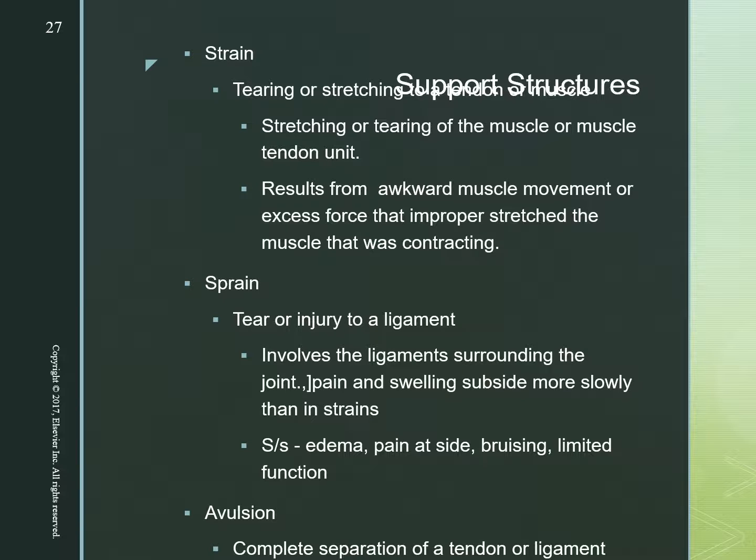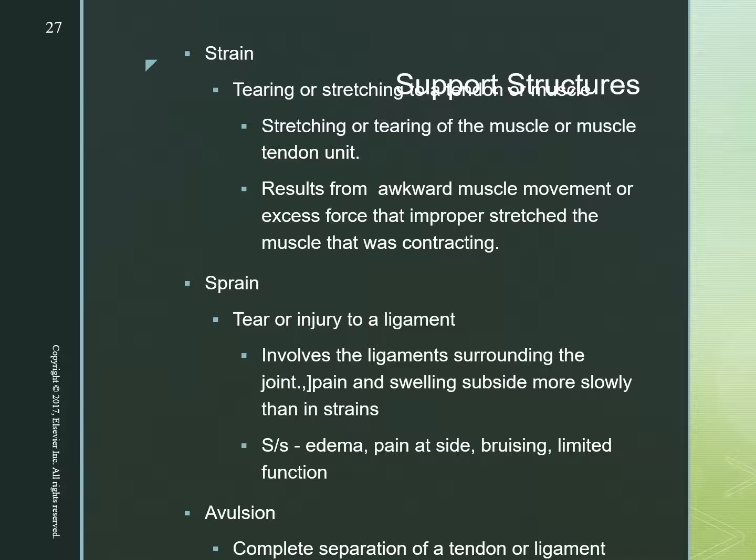So, support structures. A strain is tearing or stretching of the muscle structures. So it's actually stretching and tearing of the muscle or the muscle tendon unit. It results from awkward muscle movement or excessive force that improperly stretched the muscle that was contracting.